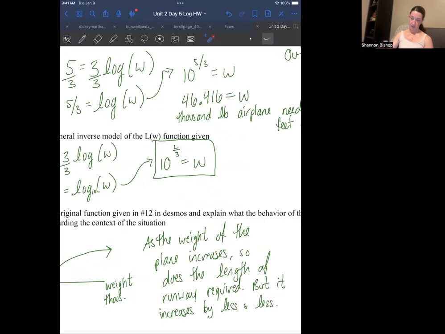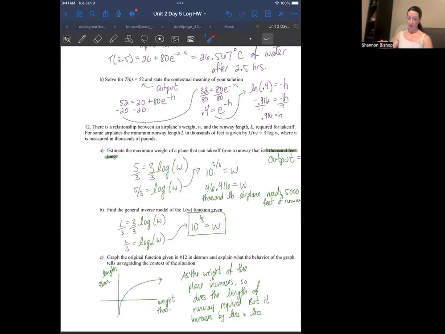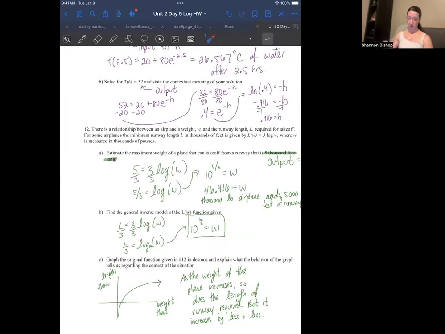This notion of increasing by less and less is a concavity conversation that we'll have more in the next unit, but I at least wanted us to see that since these are inverses of exponentials, exponentials typically grow more and more due to the percent change. And so it makes sense that the inverse of that is to still increase, but by less and less and less.